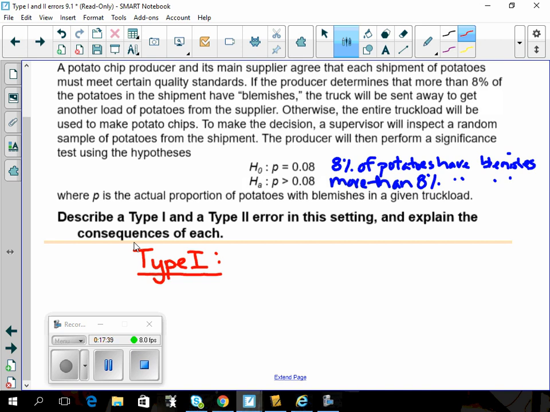That's what that's saying. So let's write that here. So it's when you reject the null. And remember, why am I rejecting the null? When my p-value, the likelihood that my sample happened by chance, is small, I'm going to reject the null, okay? So I reject the null when I shouldn't have.